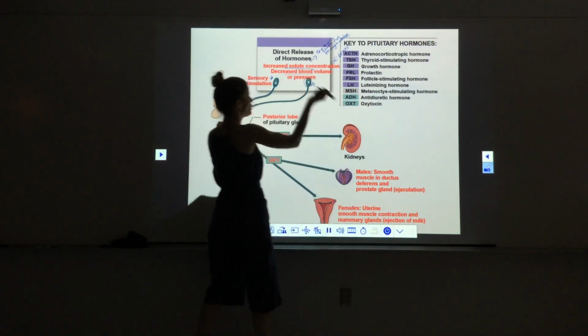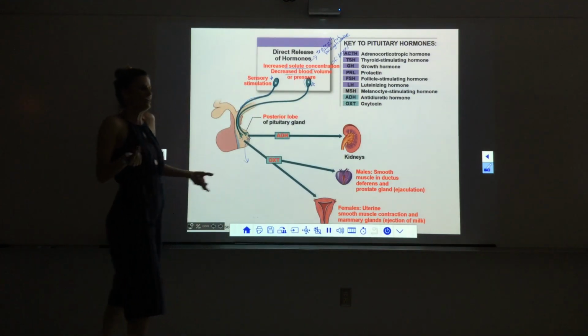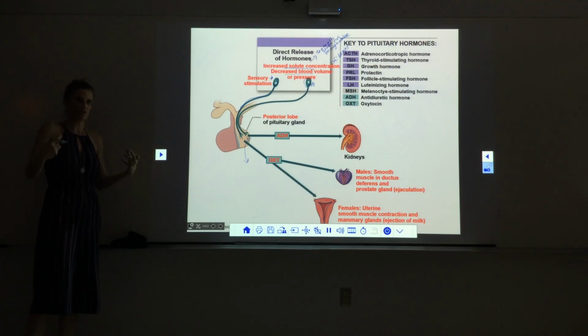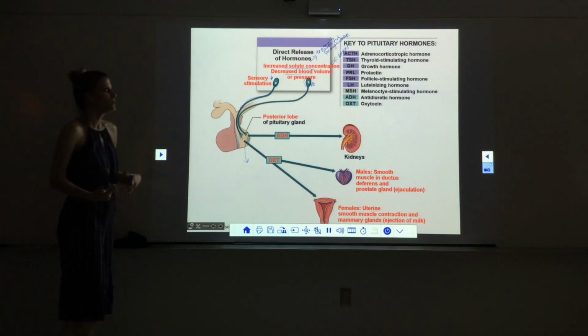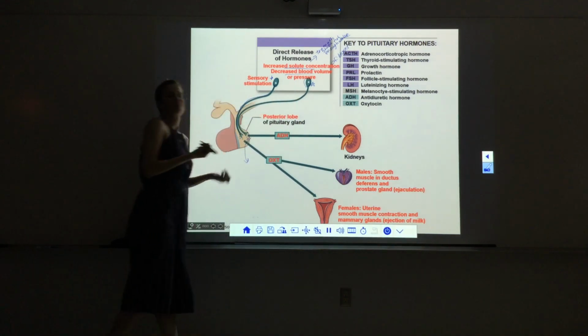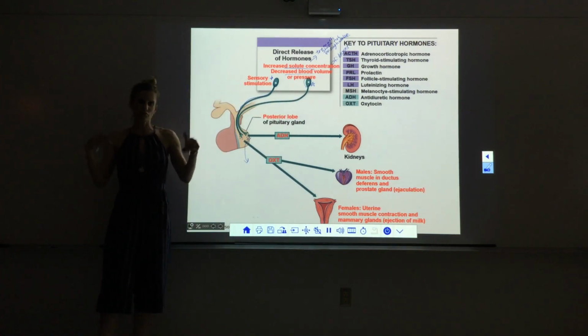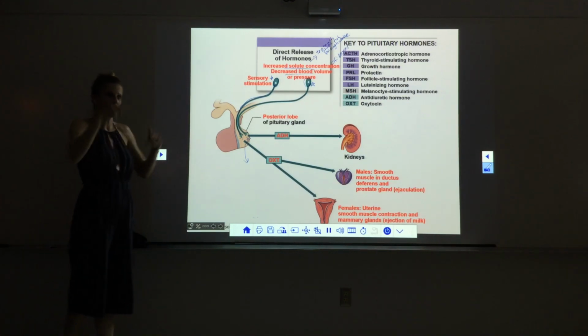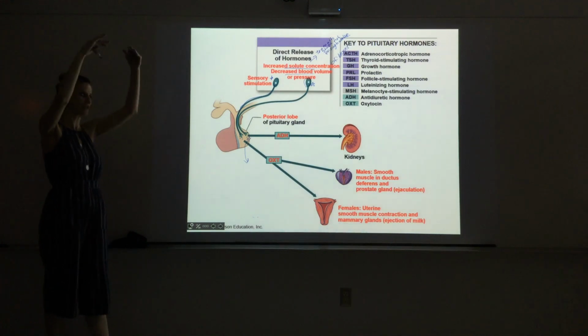Decreased blood volume. Okay, so again, like dehydrated, you don't have enough fluid, you don't have enough blood volume, so you need more actual water to increase the volume of your blood, or a decrease in blood pressure. Again, same thing, if your blood volume's gone down, your blood pressure's gone down, you can increase the pressure by increasing how much blood you have, right? Blood volume and blood pressure increase and decrease together.